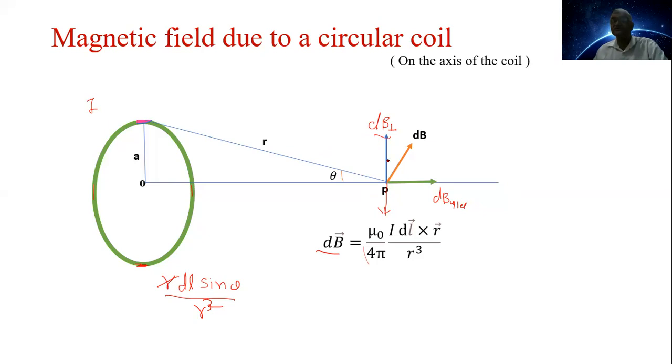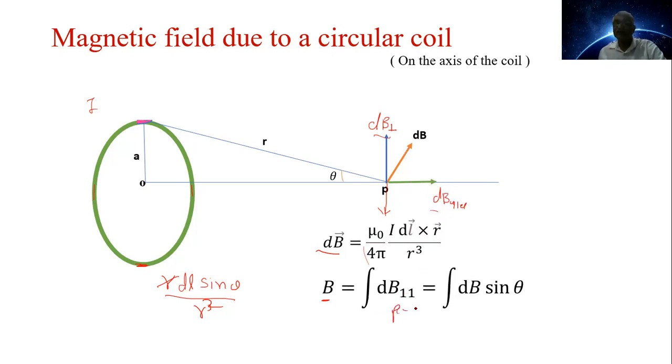See, here all the perpendicular components of the magnetic induction get cancelled. Then which components remain? Only the parallel components remain here. These parallel components have the same direction and therefore they can be added. Therefore, the resultant magnetic induction at this point P due to this circular loop is the integral of dB parallel.